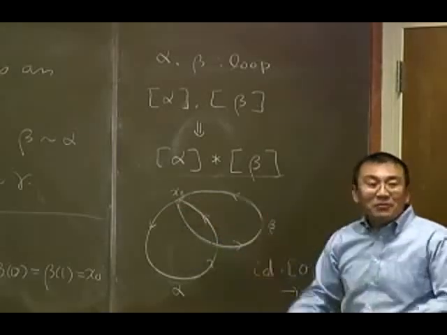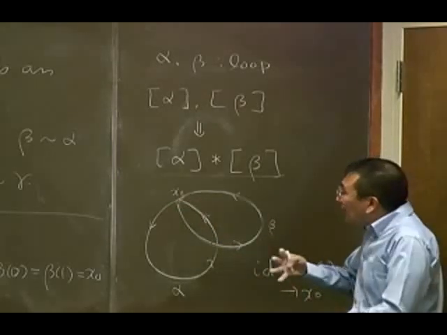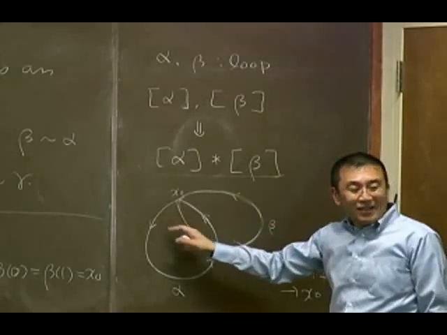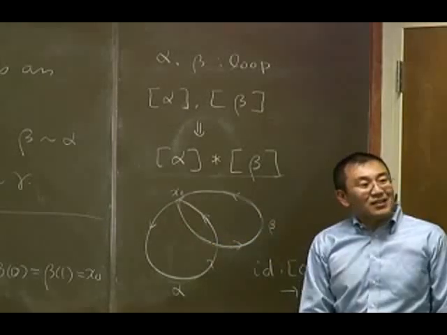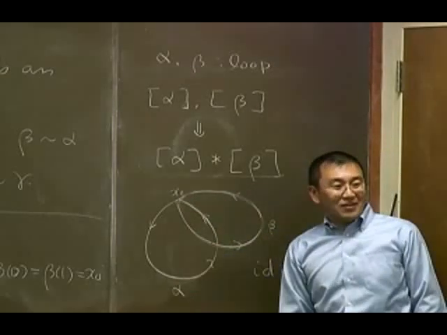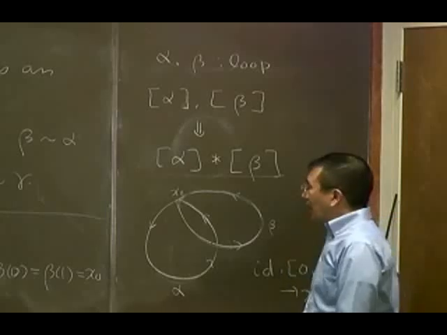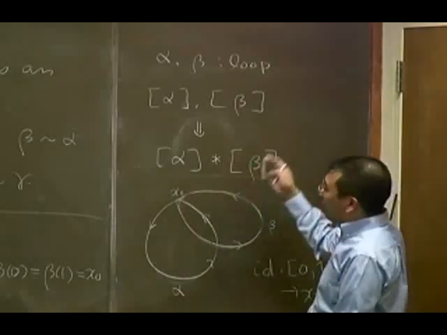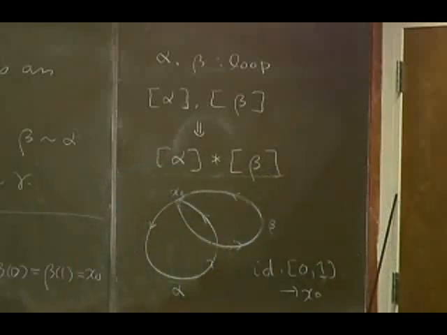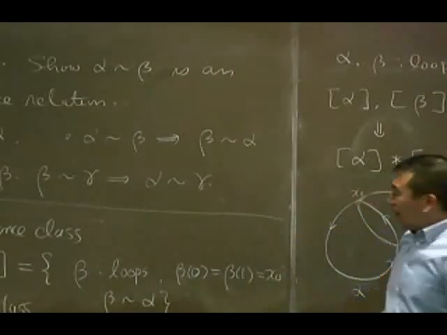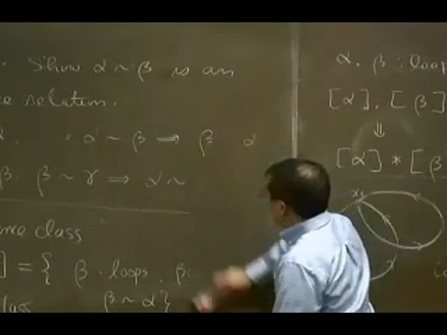By reparameterizing the process, it's the same as just going around beta. So it works as an identity. The inverse is just going around the loop in the opposite direction. And you can see that this defines a group, although it requires some work to show that going backward is the same as, so let me actually explain how that works.